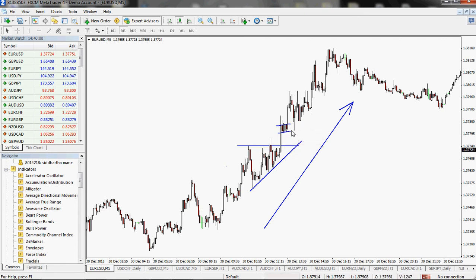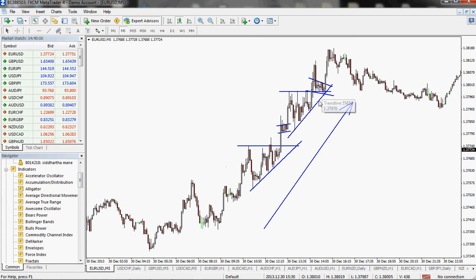So this is another pattern here, and there is another pattern which is another triangle. So if you see this one, this is another triangle pattern that you can use to enter the market. And if you see this one, this is another rectangle pattern.